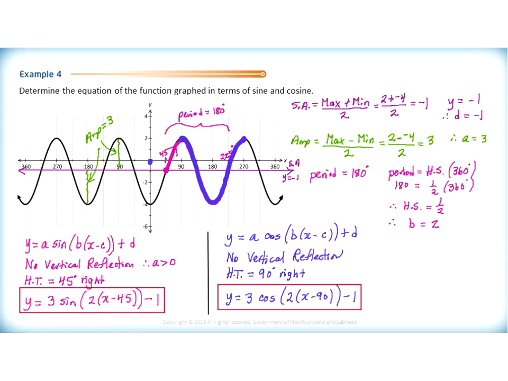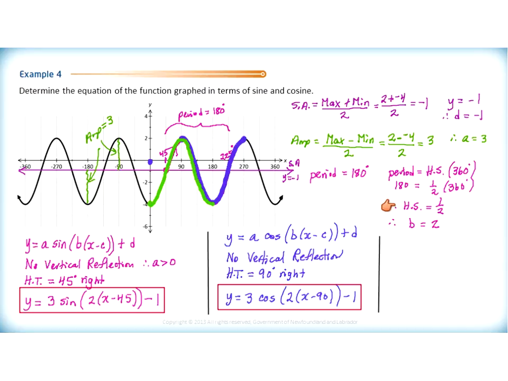I'd just like to include another one here in terms of cosine probably. If I had to take the section of the graph, and let me highlight it for you, we'll use the color green here. If I had to take this section of the graph, note that the distance between 0 and 180 still confirms that the graph has a period of 180 degrees.